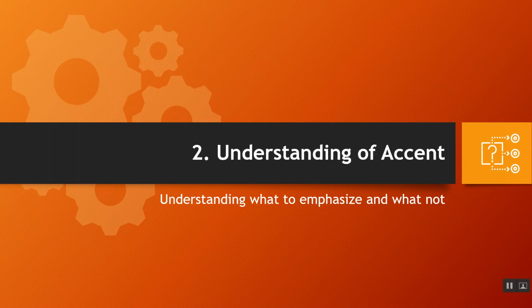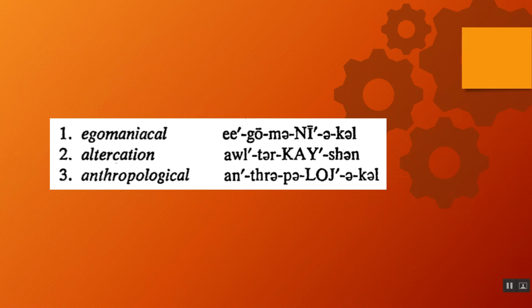Now we'll understand accent. We'll take a look at what to emphasize and what not. This is how we write to understand how to pronounce. Look at these capital parts, these are to be emphasized.